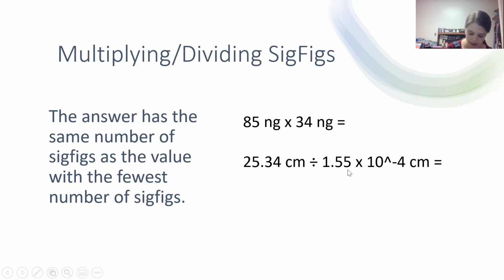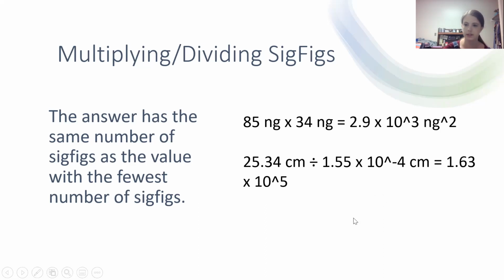So if we convert that to scientific notation and round so that we have 3 SigFigs, it will be 1.63 times 10 to the 5th. And there are our answers. And here, remember to put the units on. And I forgot to write the units here, but that should be centimeters. So remember to do that.